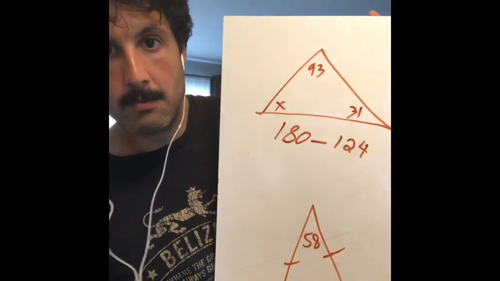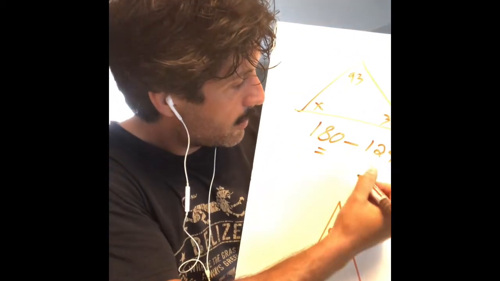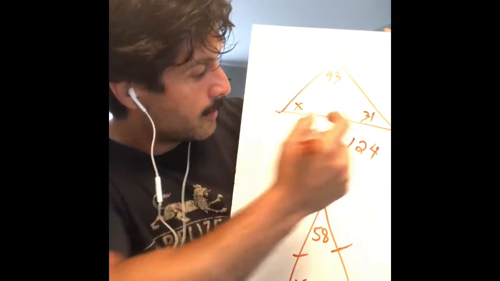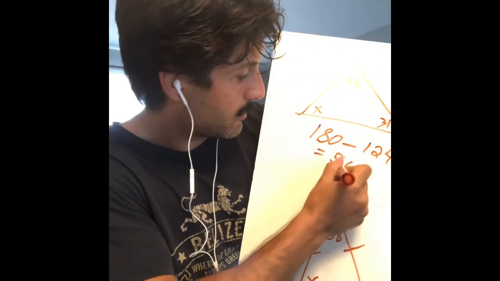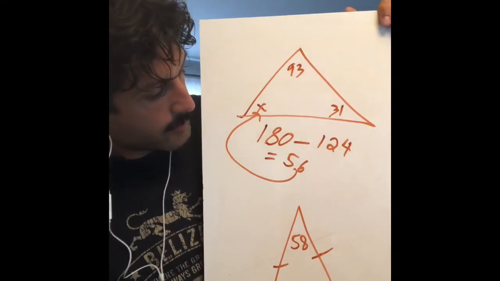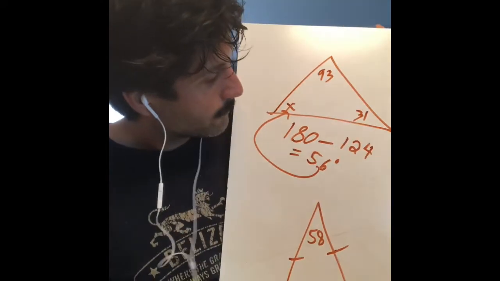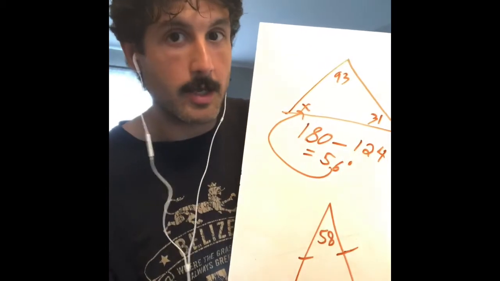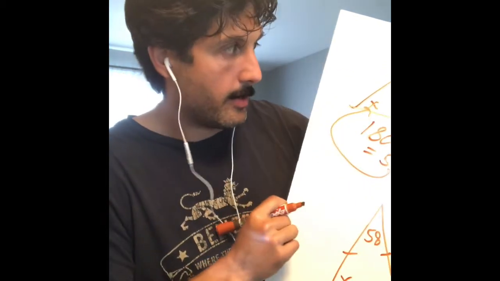So 180 minus 124 is equal to our x. And it's going to end up being 56. So our x ends up being 56 degrees. And to check that, you just add up 56, 31, 93. If it adds up to 180, then you've done it right. If it doesn't, you've made an error and you got to figure out where your error is.